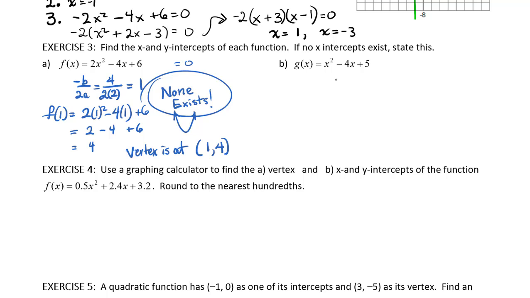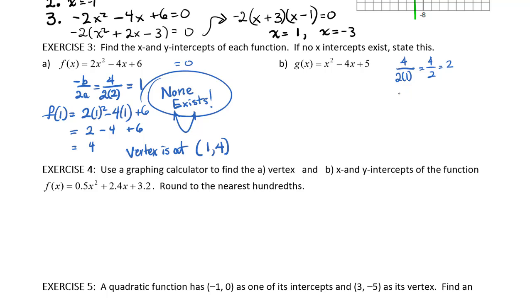Now let's try the next one, x squared minus 4x plus 5. Let's find the vertex, just to be sure we know what we're doing. So negative b would be 4 all over 2 times a, which is 1, will give me 4 over 2, or just plain 2.